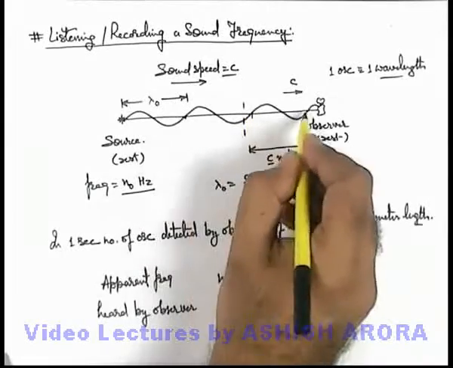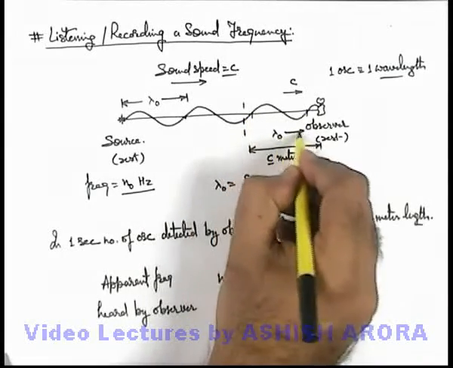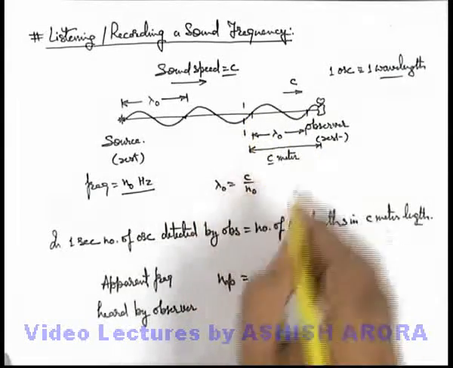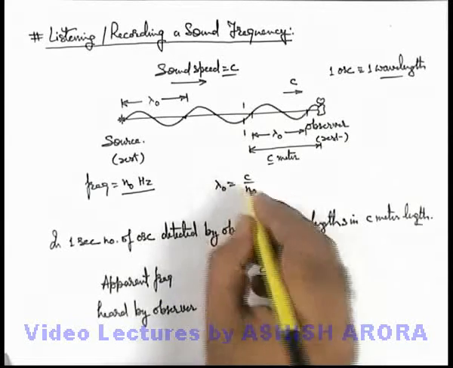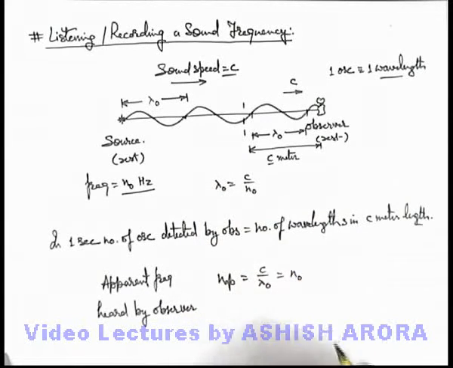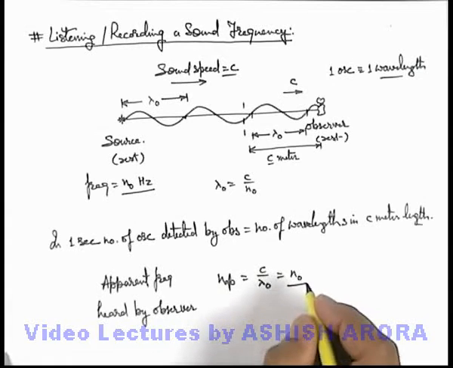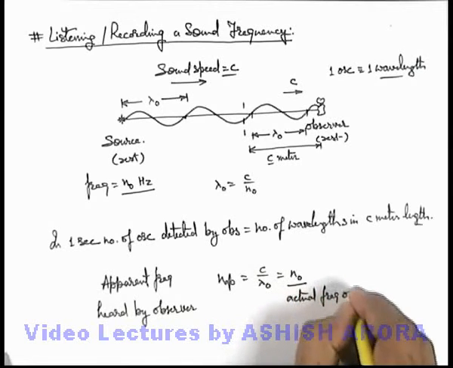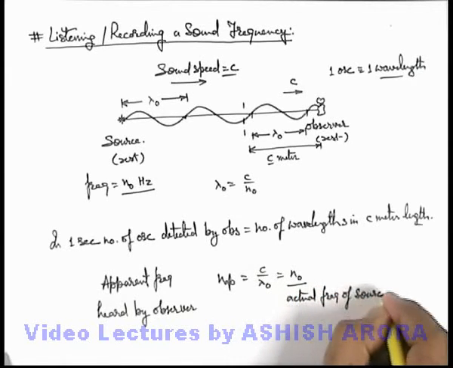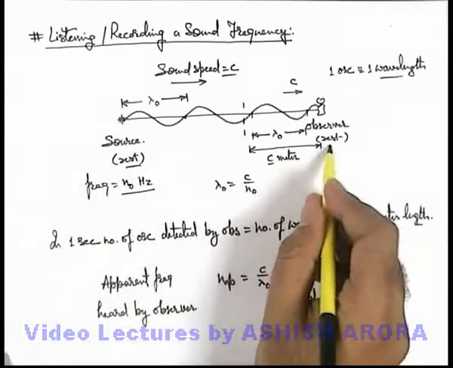One wave is of length lambda naught. So in c meter length the total number of waves can be written as c by lambda naught, and c by lambda naught is equal to n naught. That means the apparent frequency heard by the observer is equal to the actual frequency of the source if both source and observer are at rest.